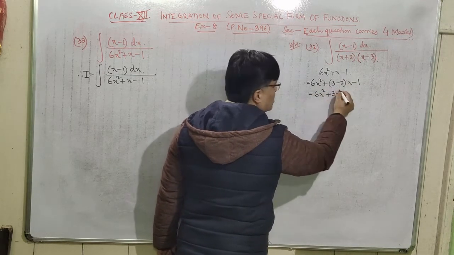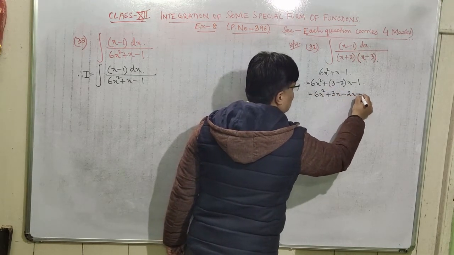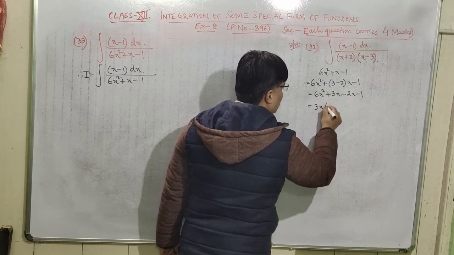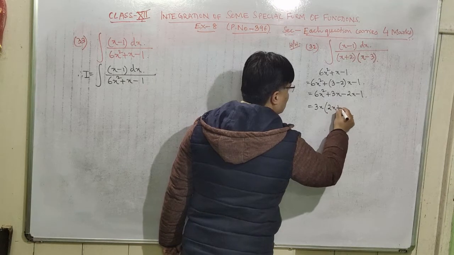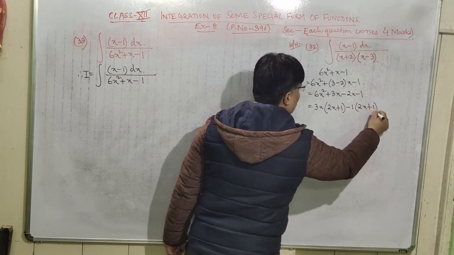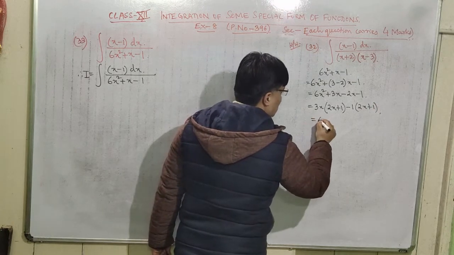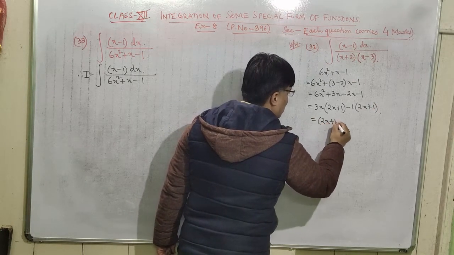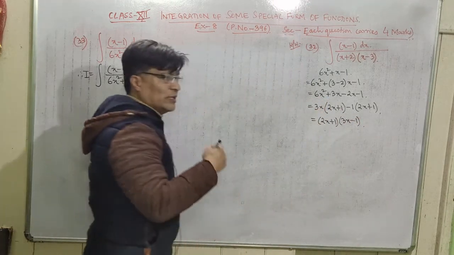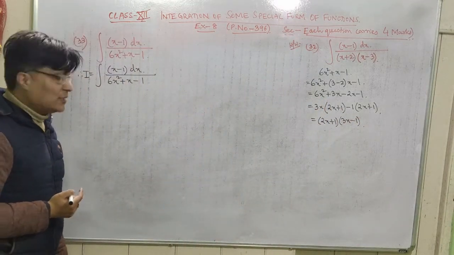3 into x is 3x, plus and minus 2x minus 1, which is equal to, what is common out here? It is 3x. Within bracket we have 2x plus 1. Minus 1 common here, so it is 2x plus 1, which is equal to 2x plus 1 into 3x minus 1. So it is factorized, right?